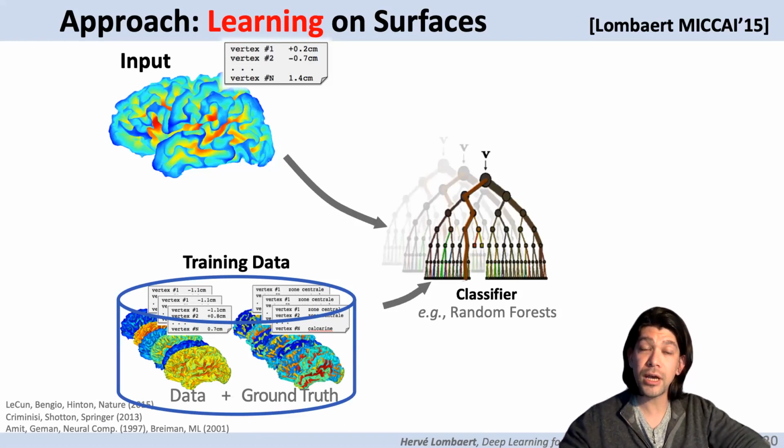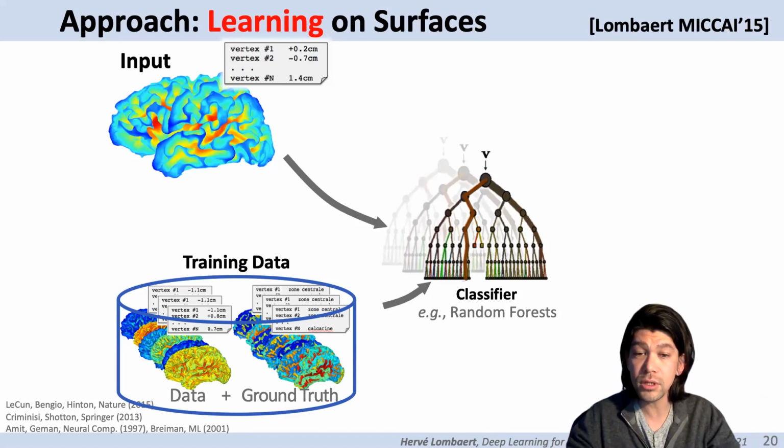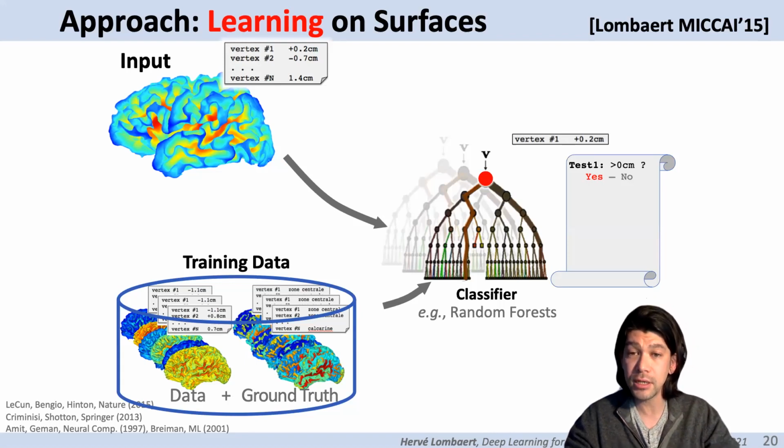The data from every vertex would fall into a tree node, and then you would navigate through this tree to find the classification at the end. The random forest, basically in a nutshell, tries to learn a series of very simple tests, and that's how we would navigate down the tree.